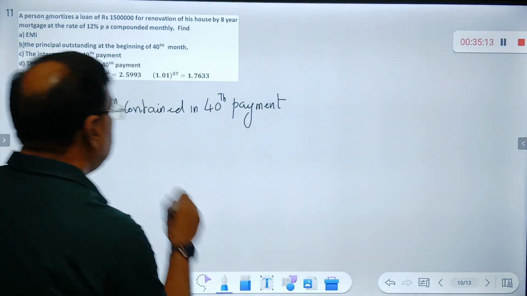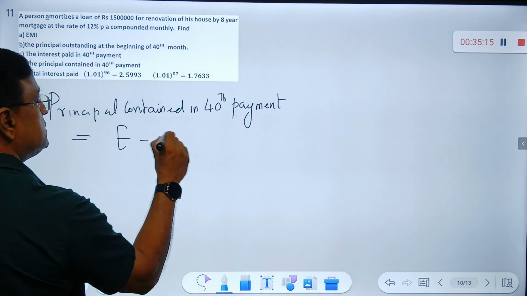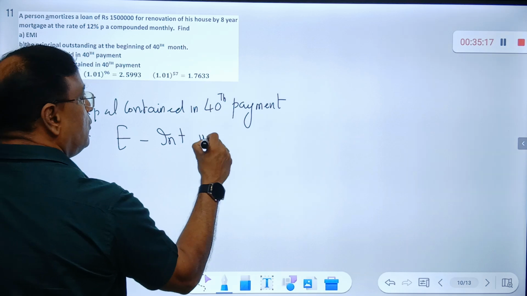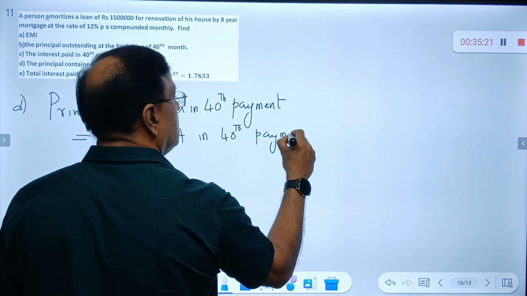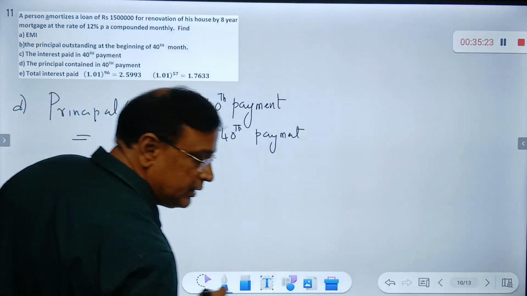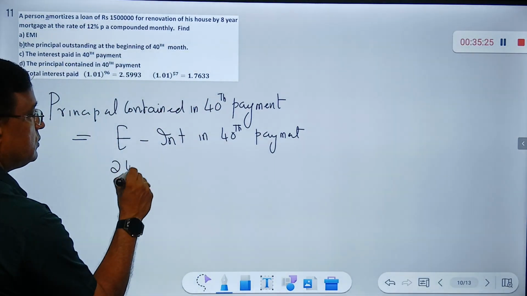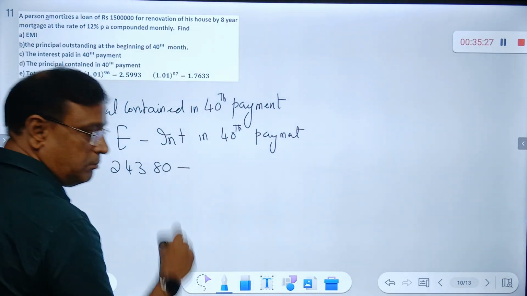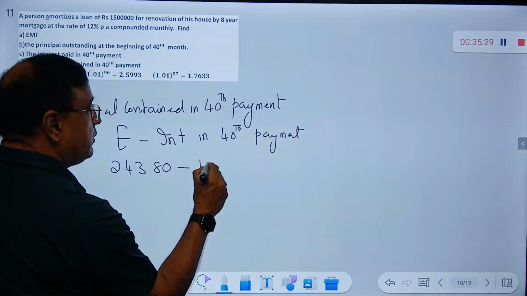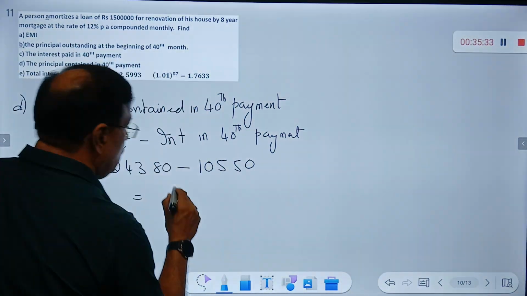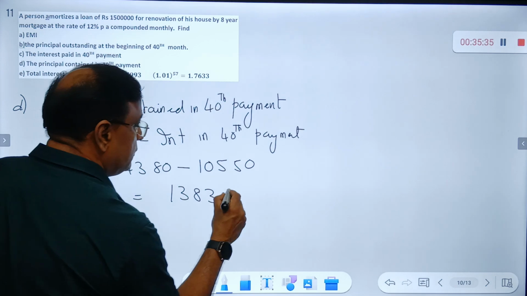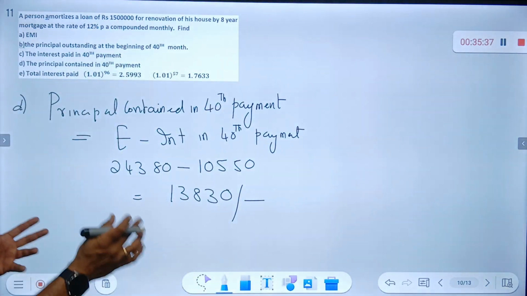It is nothing but the EMI minus the interest in 40th payment. What is my EMI? I think my EMI was 24380 minus what is the interest I calculated as 10550. So the value will be 13830. It's lengthy, that's all.